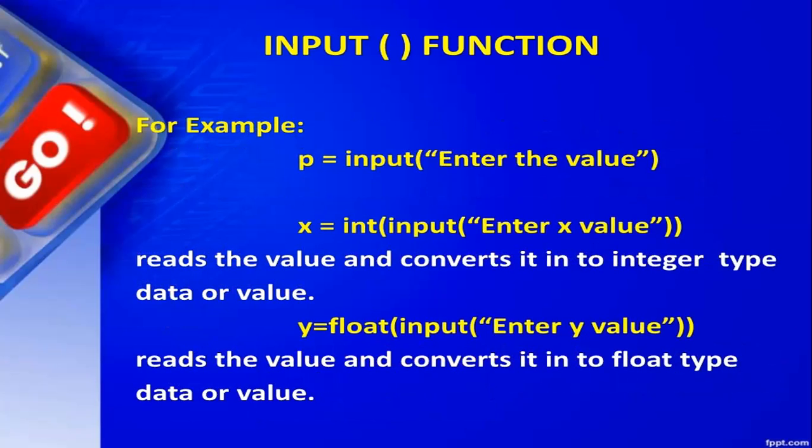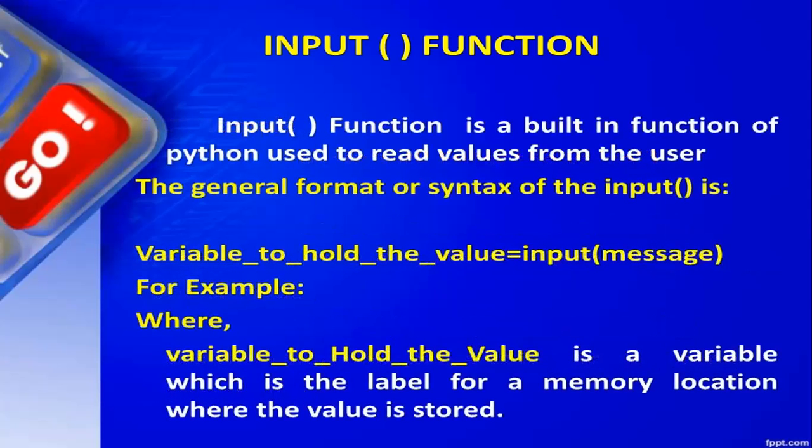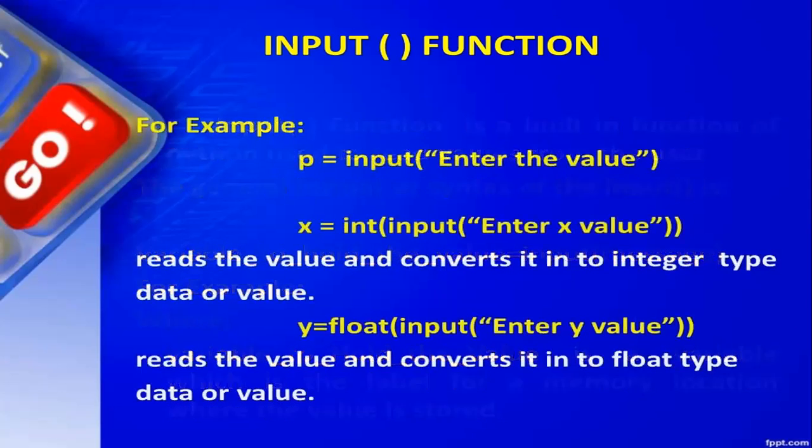For example, P equals input, enter the value. And then look over there, the X part, very important. There is typecasting happening over here. Typecasting means changing the type of the variable's data value. Like I told you, whatever is entered in input will be considered a string automatically, implicitly, by the computer.